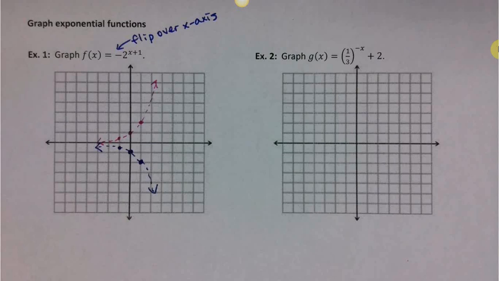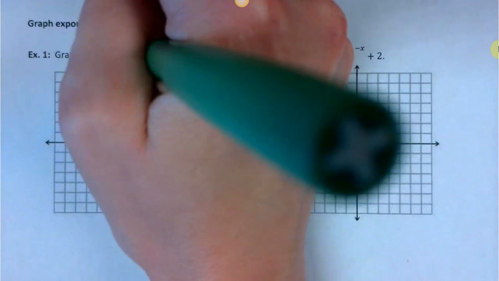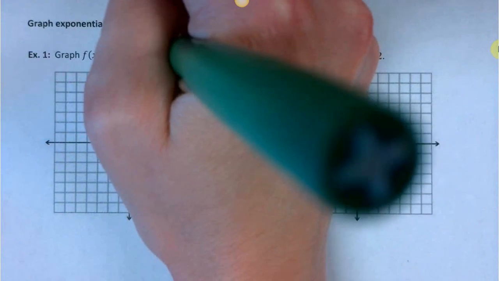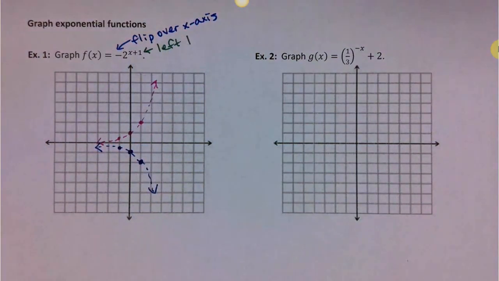And then the plus 1, the fact that it's in the exponent with the x, that's going to affect our graph horizontally, left or right. And specifically because it's a plus, that's when we're supposed to move to the left. So we need to shift all of our points left 1.